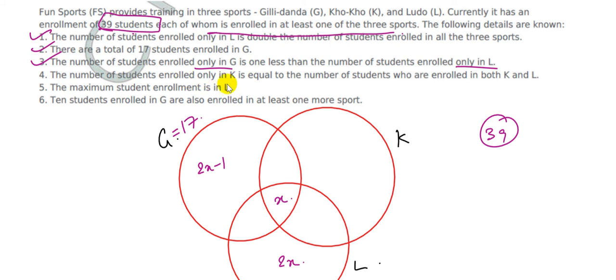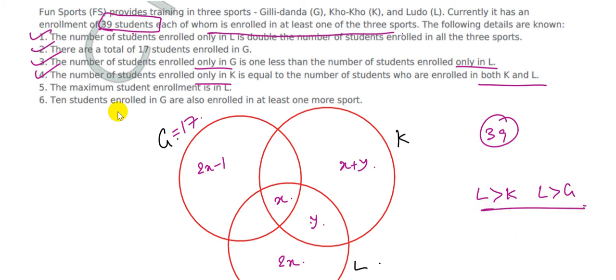Number of students enrolled only in K is equal to the number of students who are enrolled in both K and L. So I don't know how many are enrolled here. Let me assume this to be Y. So this will be X plus Y. Maximum student enrollment is in L. That means L has to be greater than both K and G. 10 students enrolled in G are also enrolled in at least one more sport.